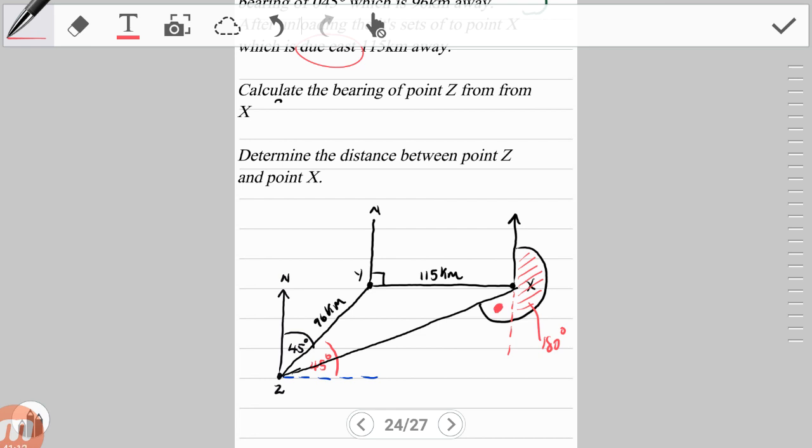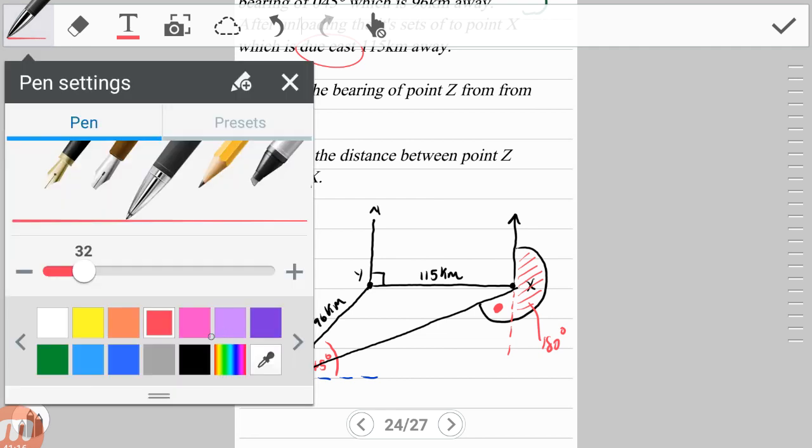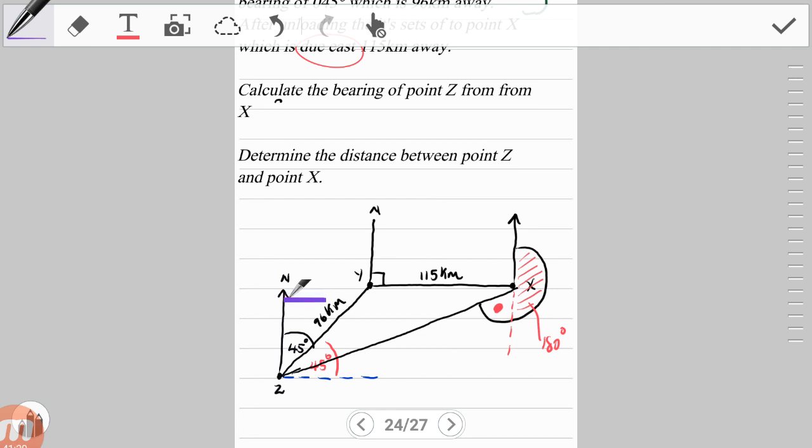And so we're looking to see if maybe we can find something related to the alternate angle. And yes, we can. This north line here runs parallel to this constructed south line here.